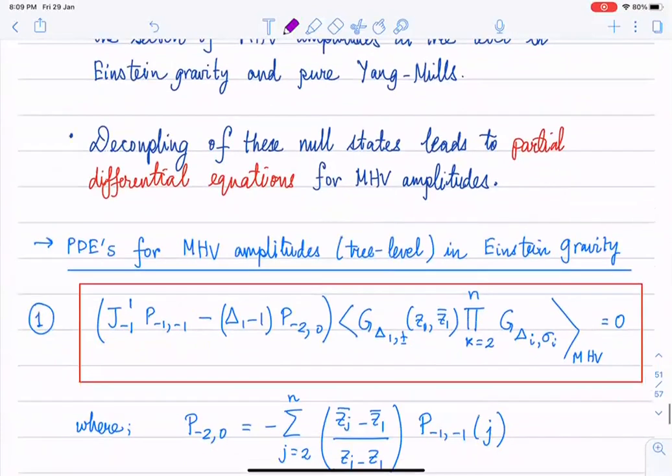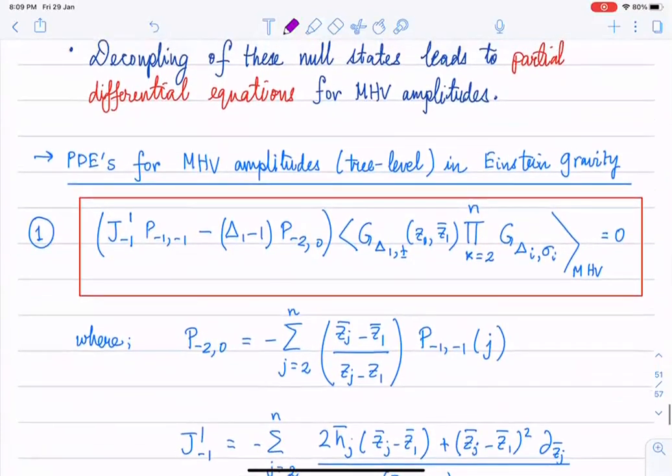Let me show you what these differential equations look like.